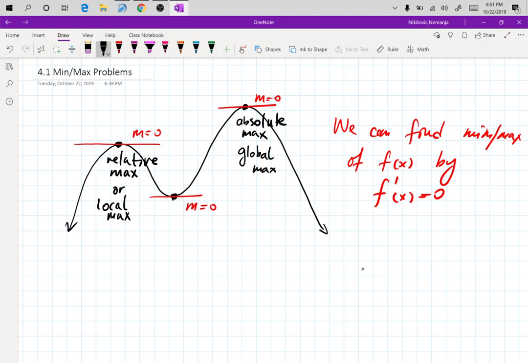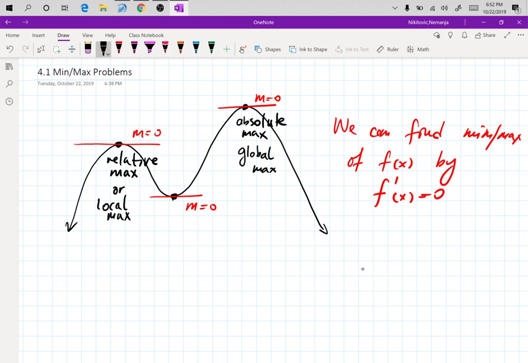Now, why is this one absolute? It's absolute max because it is the highest y value on the entire function. Highest y value of the entire function, and that's why it's absolute max. If you have multiple highest points, all of them would be absolute max.